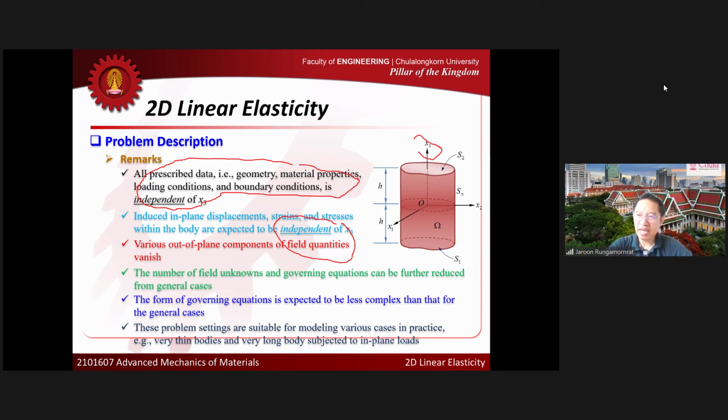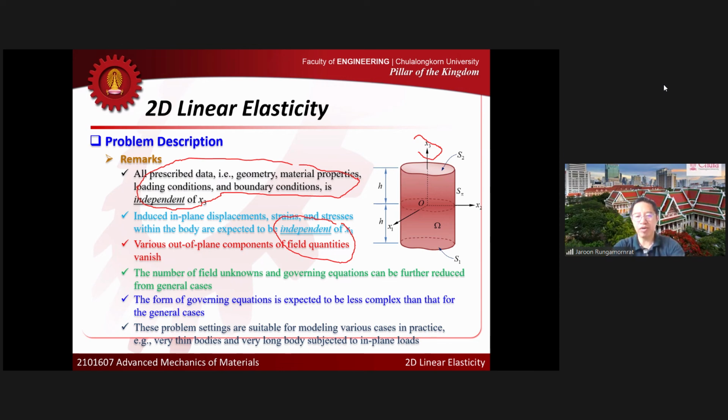You may have a very important question here. The simplified setting that I mentioned, is that practical? Is that possible for practical problems? If you go back and think about this, there are several cases that you have to deal with in reality that have a problem setting similar to what I just mentioned.